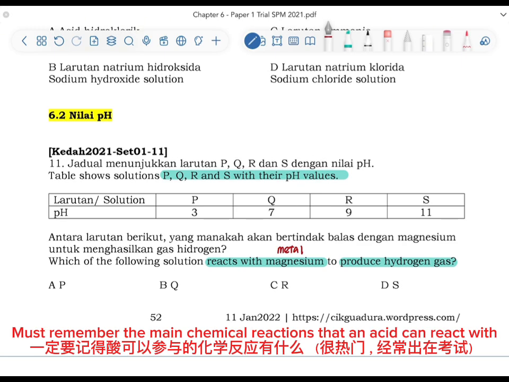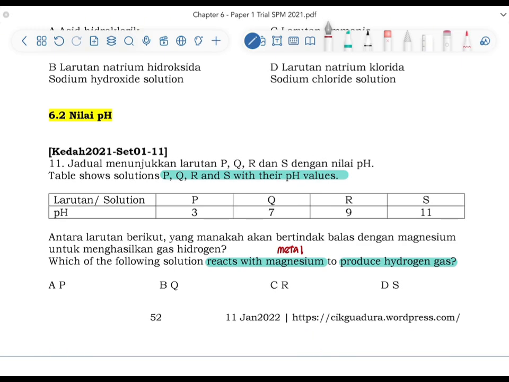Which solution, acidic, neutral, or alkaline, will react with metal to produce hydrogen gas? The answer is P, because only acid will react with metal to produce hydrogen gas. Based on the pH given, we know that P is an acid, and Q is the neutral solution. Meanwhile, R and S are alkaline solutions.